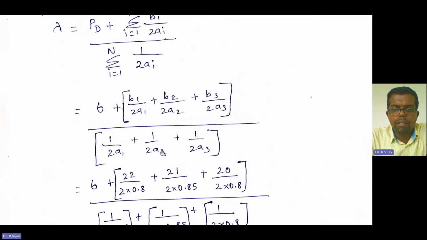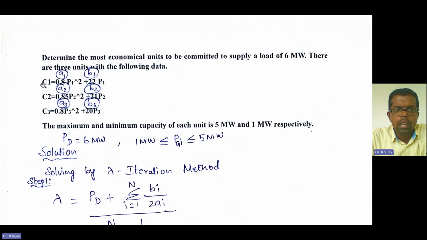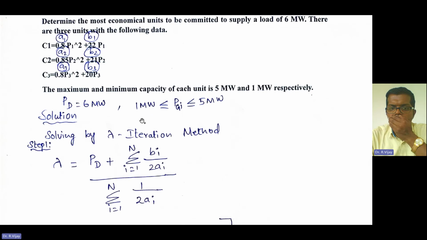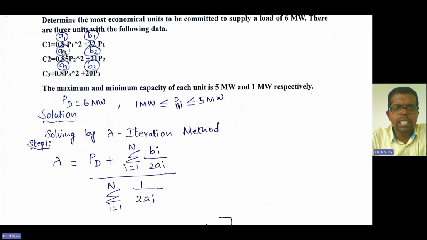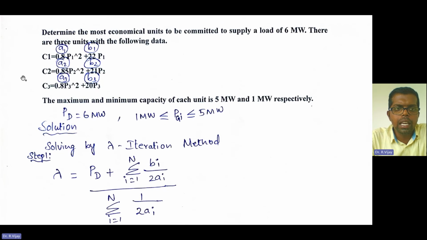So substitute the values for b1 and a1. The general formulation of the cost function is ai PGi squared plus bi PGi plus ci. So while giving the data itself, you just mark what is ai and what is bi.